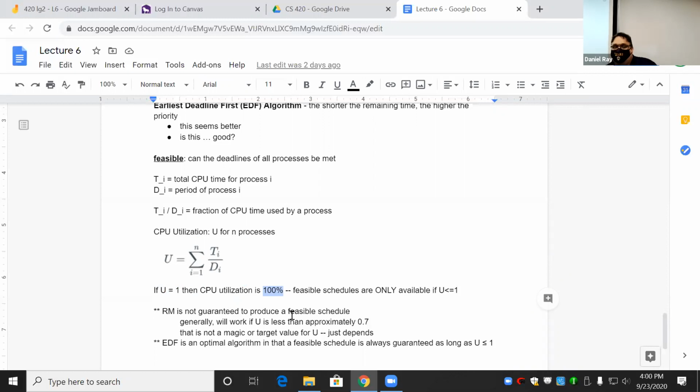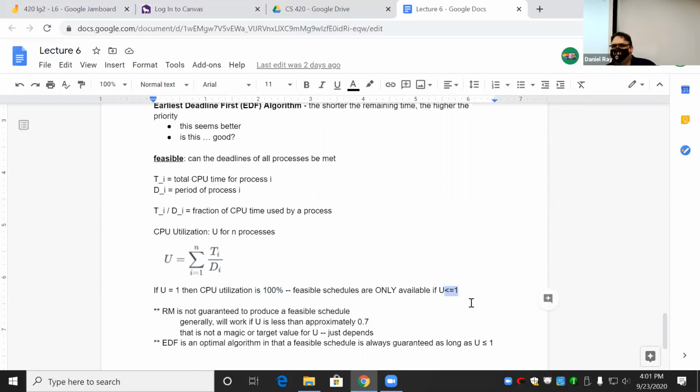And if U is greater than 1, the CPU utilization is more than 100%. And if the required CPU utilization is more than 100%, what does that mean? There exists no schedule of those processes which is feasible. Correct? So feasible means that U is less than or equal to 1.